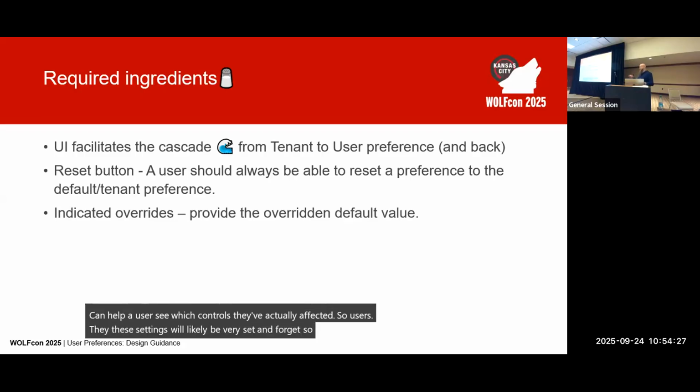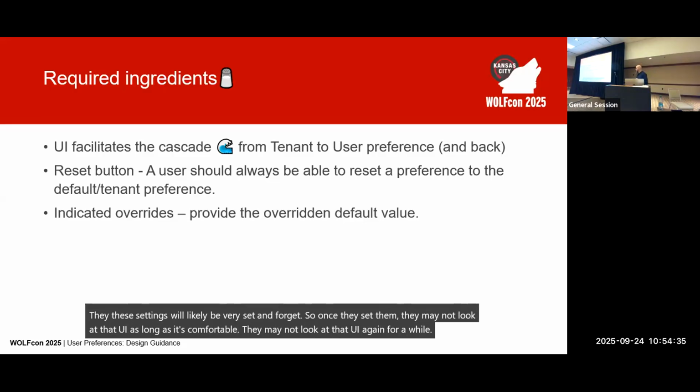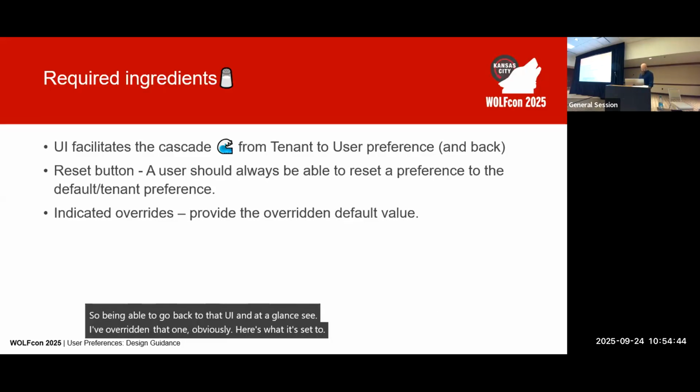Once they set them, as long as it's comfortable, they may not look at that UI again for a while. So being able to go back to that UI and at a glance see, hey, I've overridden that one, here's what it's set to, and here's the tenant setting that it overrode. Having that indicated in the UI would be very useful.